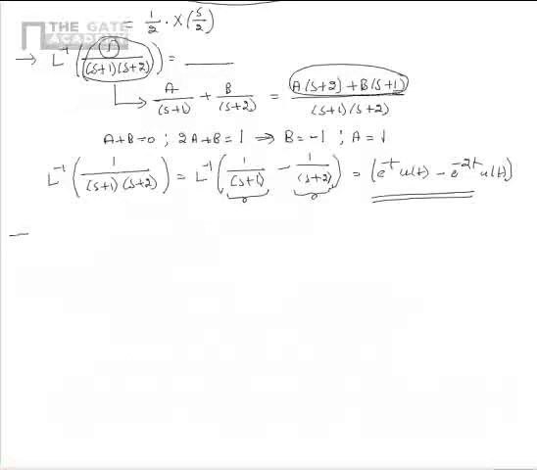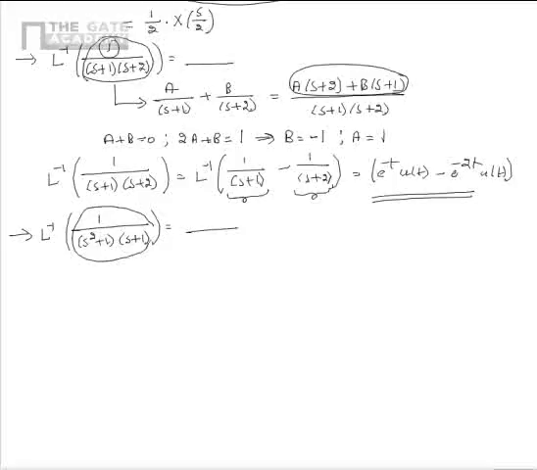Now let us look into another problem as per which we need to find the inverse Laplace transform of 1 by s square plus 1 multiplied by s plus 1. Here also we see that the term 1 by s square plus 1 multiplied by s plus 1 is not of standard form.